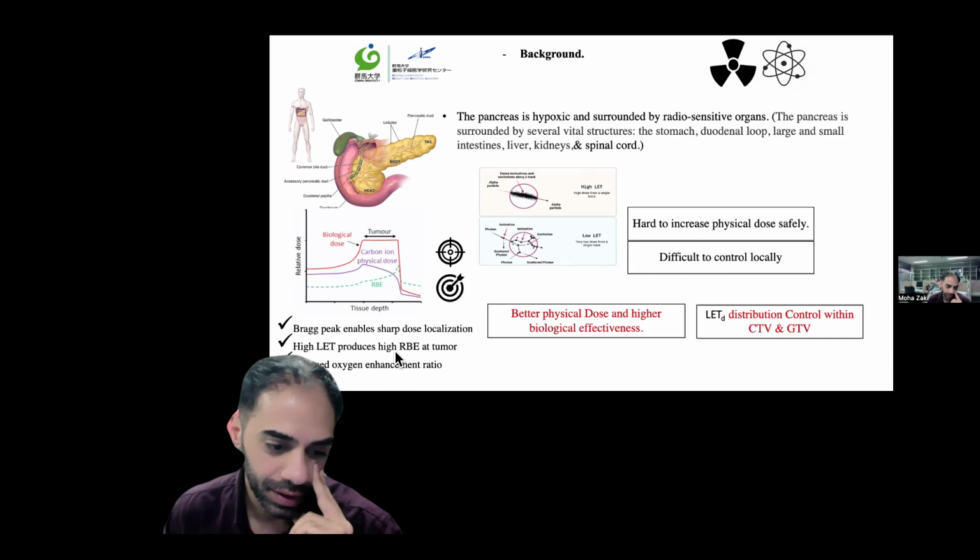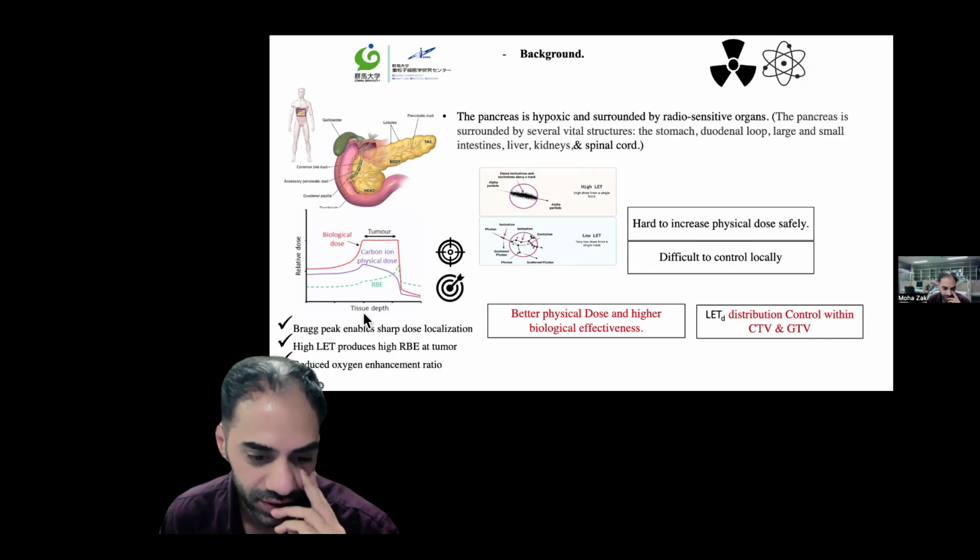Carbon ion radiotherapy is attractive because it has sharp dose localization through the Bragg peak and higher biological effectiveness compared to other modalities like proton or photons.